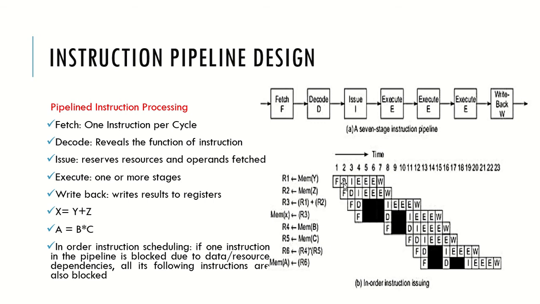In the second cycle you will be decoding the first instruction. In the same time you will be fetching the second instruction. In the third cycle, you are issuing the first instruction, whereas you are decoding the second instruction and you are fetching the third instruction. When you move on in the fourth cycle, you are starting to execute the first instruction.